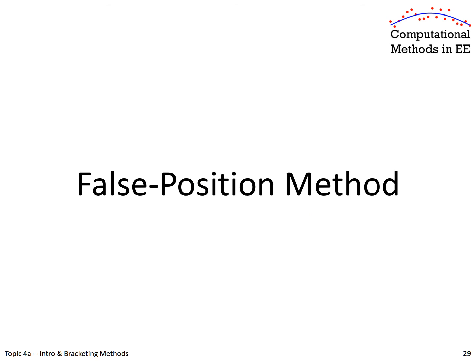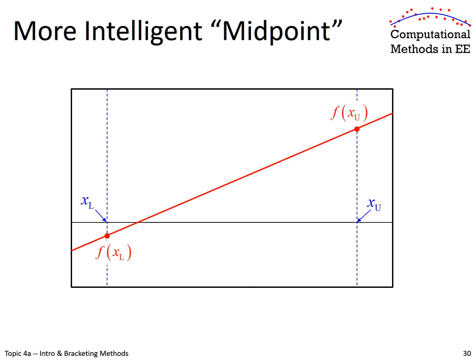Our next method is the false position method, and we can learn this very quickly because it is almost exactly like the bisection method. The only difference is in how we calculate the next guess at where the root will be. So we have the same starting point. We have a function, and we evaluate the function at the upper and lower bounds.